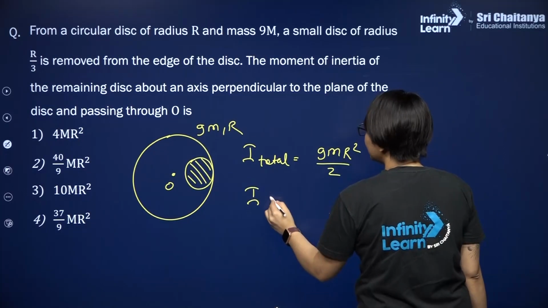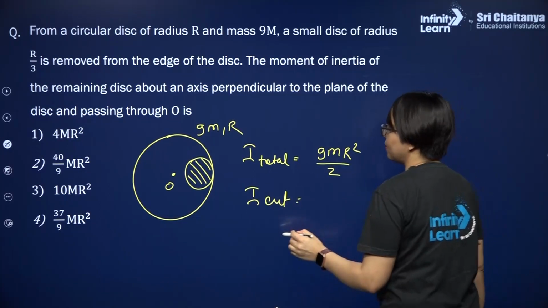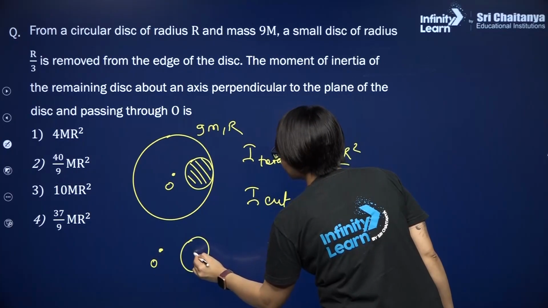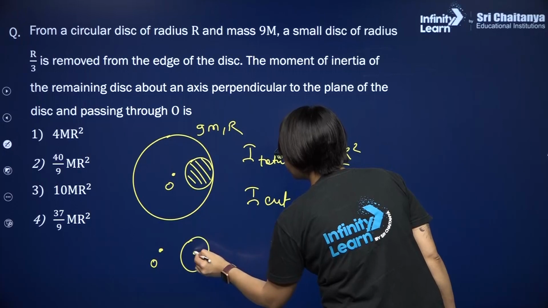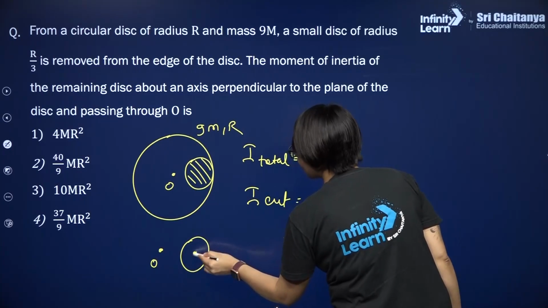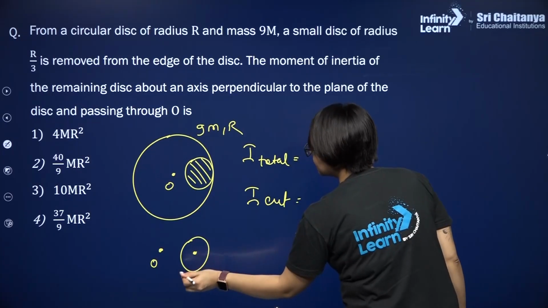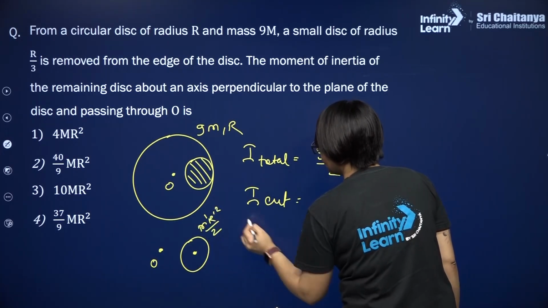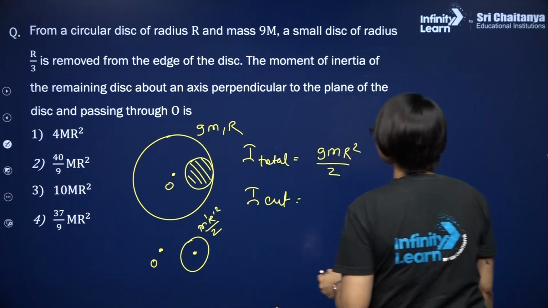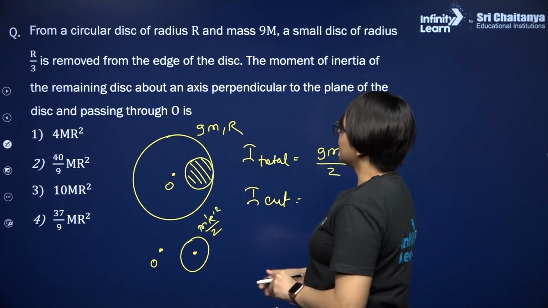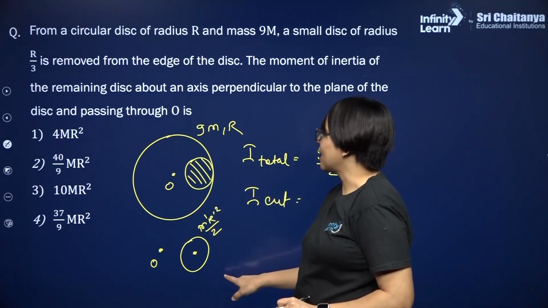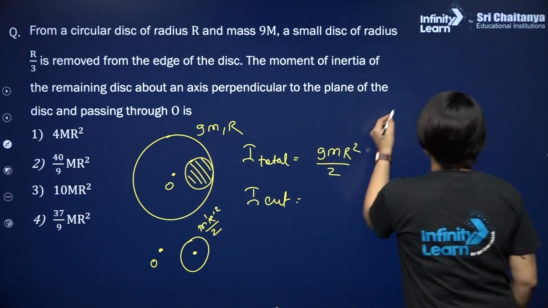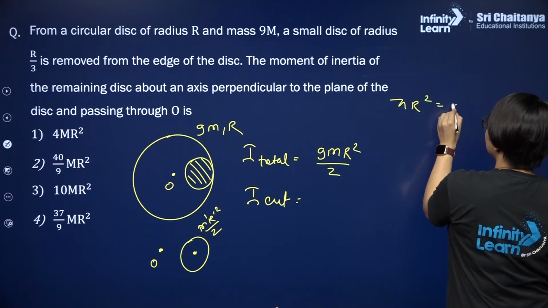Now what will I cut portion be? So basically this is center O and this is the portion that we are cutting. So this is the center of the cutting portion. So the moment of inertia about this cutting portion, about this axis, will be m dash r dash square by 2, right. So over here the radius is r by 3, and m dash will be m, because for complete pi r square area, the mass is 9m.